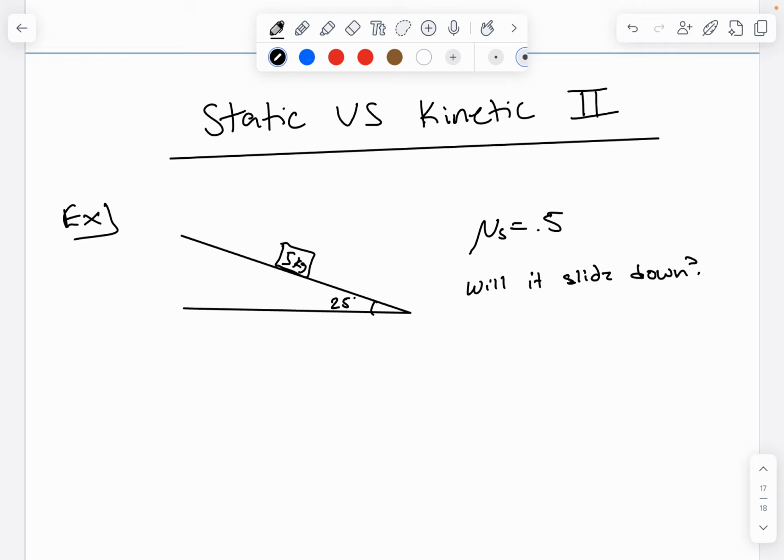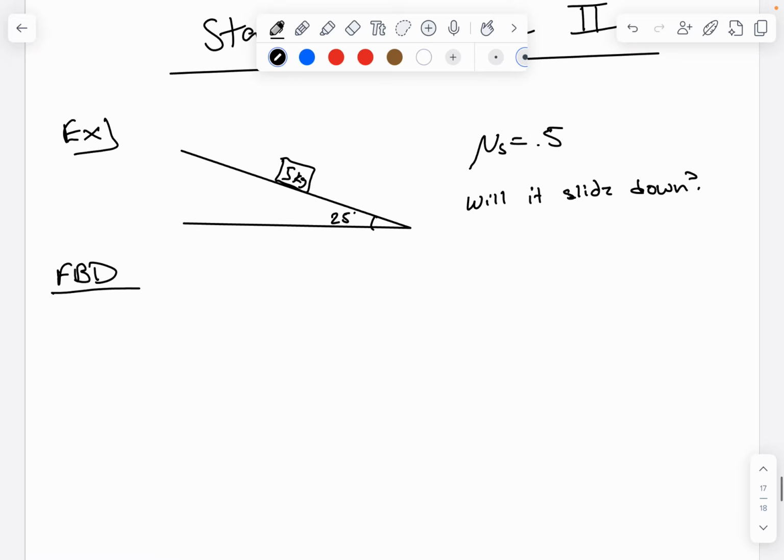So first step with any problem, let's go ahead and draw our free body diagram. So we have our block, we have our normal force going up, we have our weight force going down. This is also mg. We know that we want to know, will it slide down?